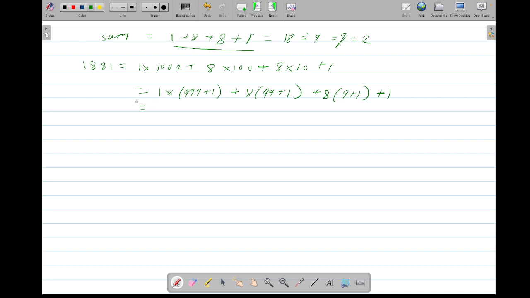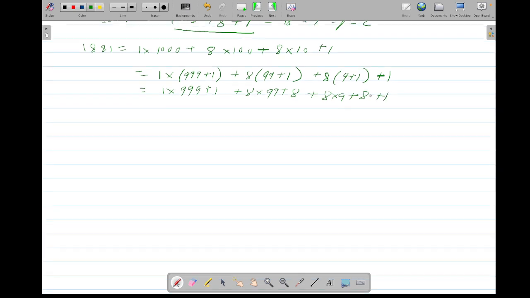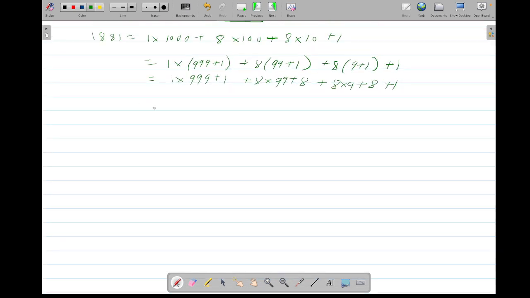And let's try to rearrange these numbers by expanding it. So what's happening here? Let's try to rearrange this, keeping the remaining numbers together.